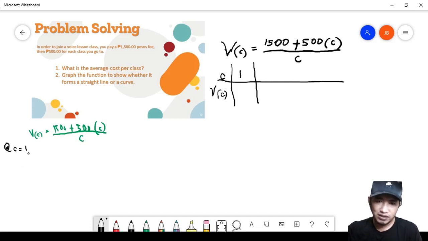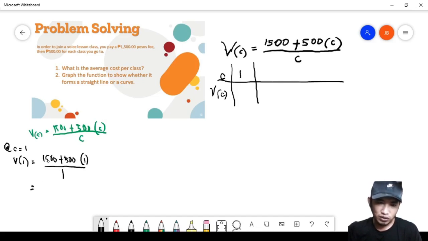If you have only one class, say you only want rap music because you are a rapper, you only go to one. So V of 1 is equal to 1,500 plus 500 times 1 divided by 1.